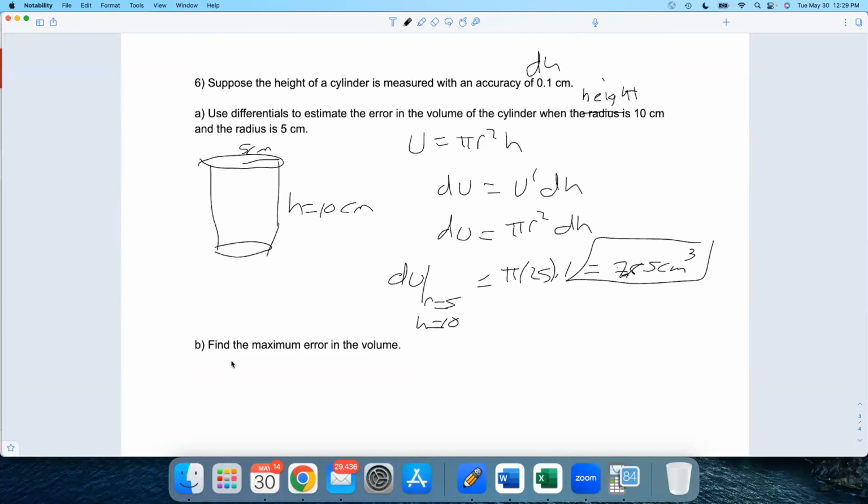So the actual volume, if the machine did it right, the volume when R equals 5, H equals 10 would be pi times 25 times 10, R squared.